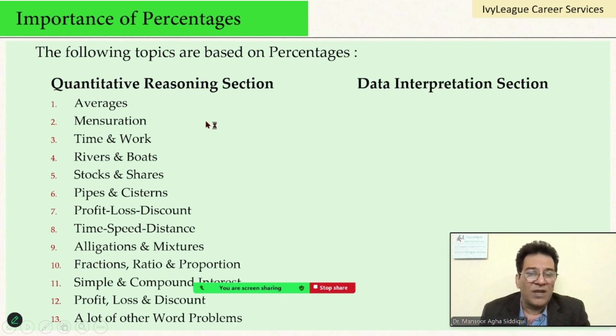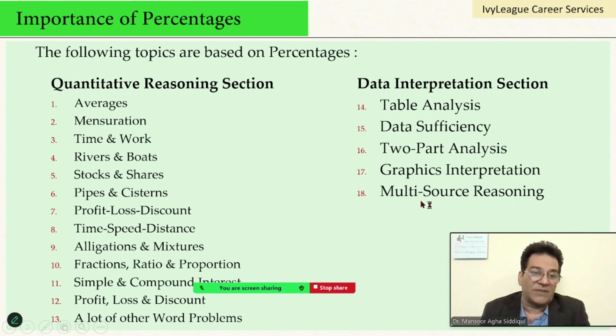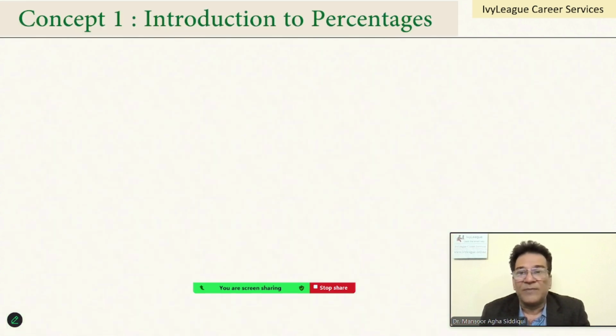Apart from this, the data interpretation section, which includes table analysis, data sufficiency, two-part analysis, graphic interpretation, and multiple source reasoning, all of these topics require you to be excellent at percentages. So, percentage is the most important topic out of the whole of your syllabus of basic numeracy.